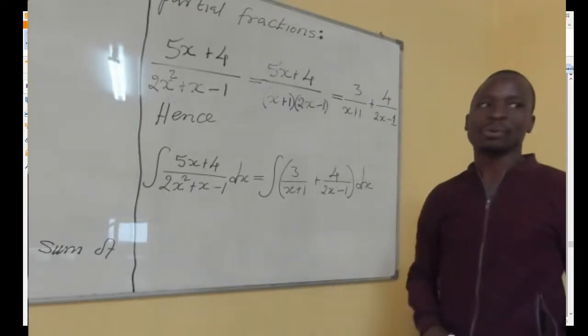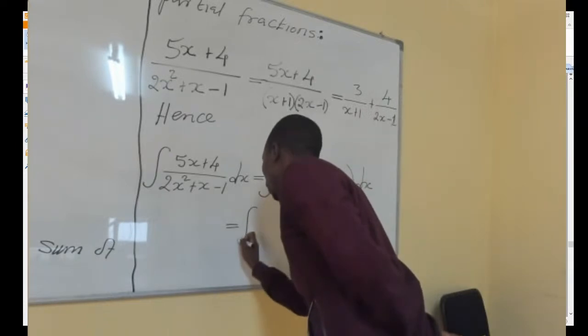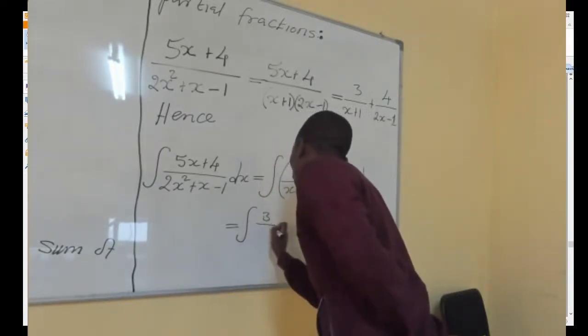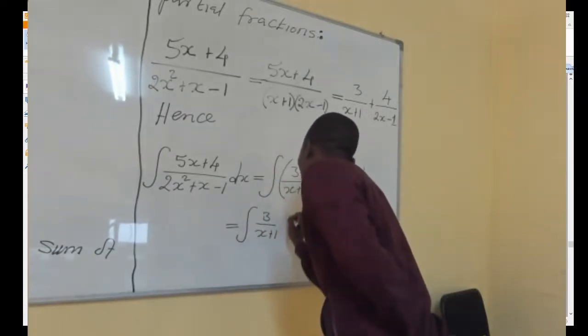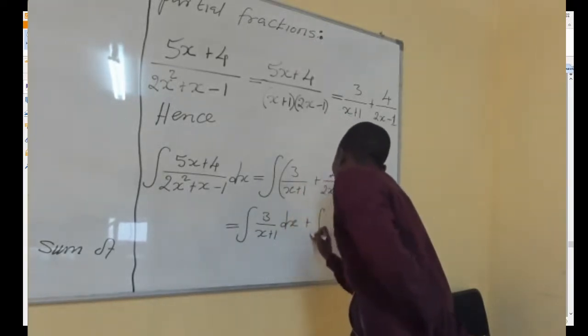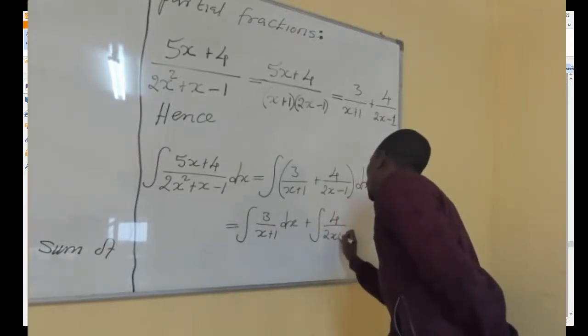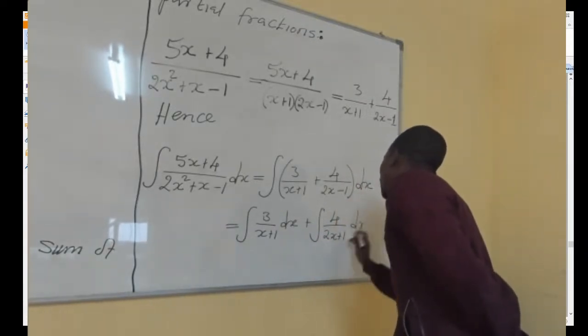Using the linearity property, this is equal to the integral of 3 over x plus 1 dx plus the integral of 4 over 2x minus 1 dx.